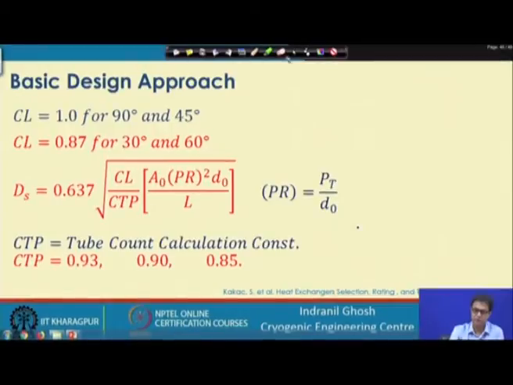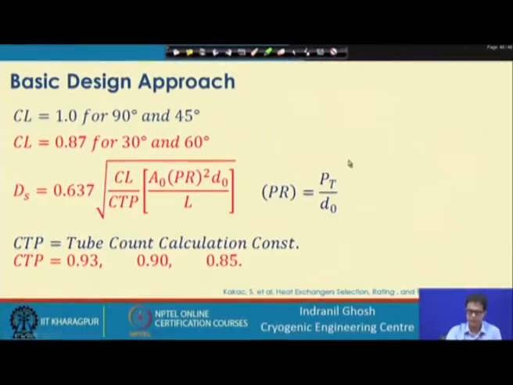If you look at it, we have used that relation, and based on that we would be able to calculate the diameter of the shell side. So, we will look at this in detail later on.